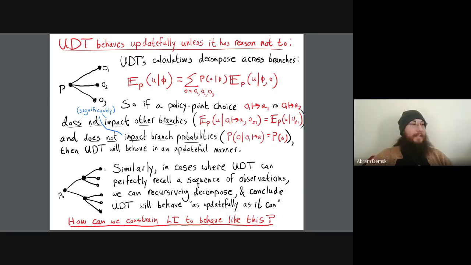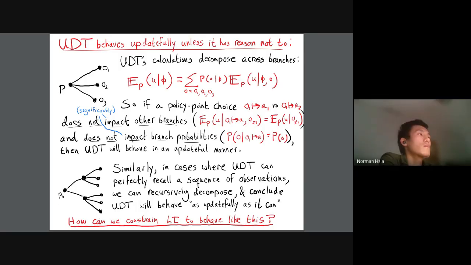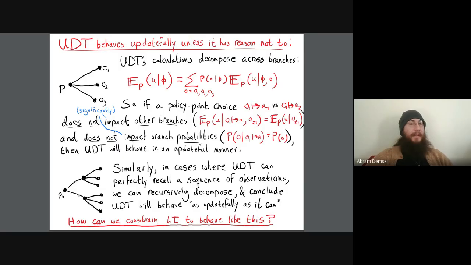If our policy here impacts the expectation here and also the branch probability of this one, but does not influence the expectations here at all, and also doesn't influence this branch probability at all, then these policy points all behave in an updateful manner with respect to this binary information.